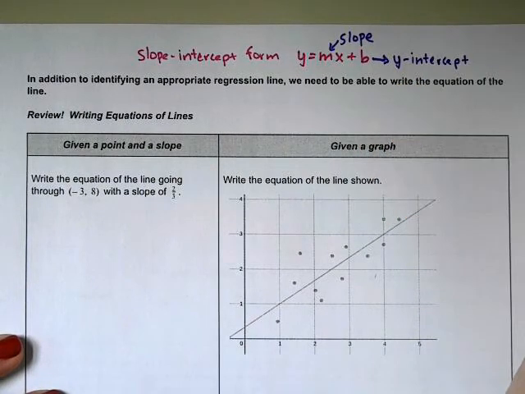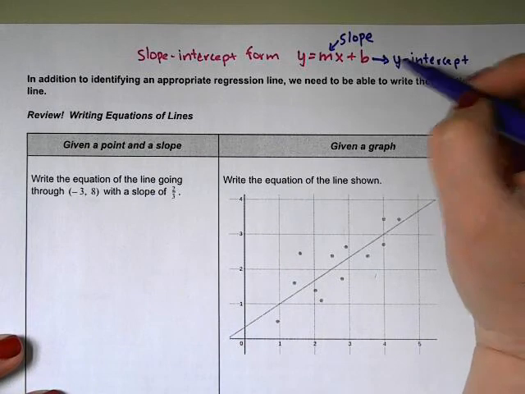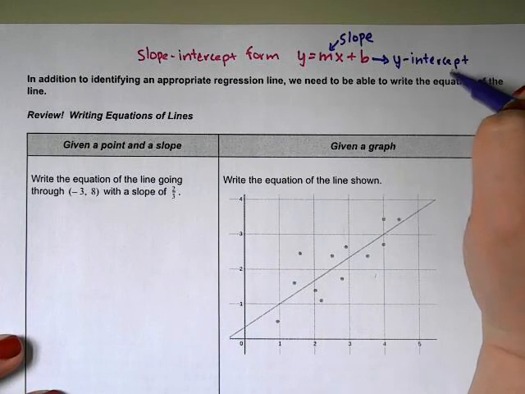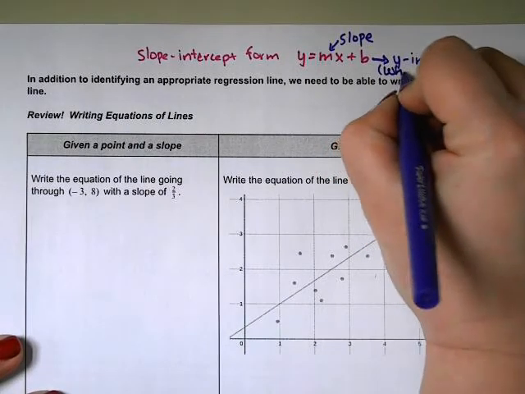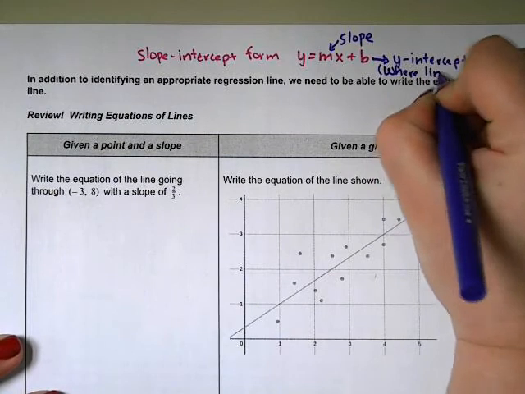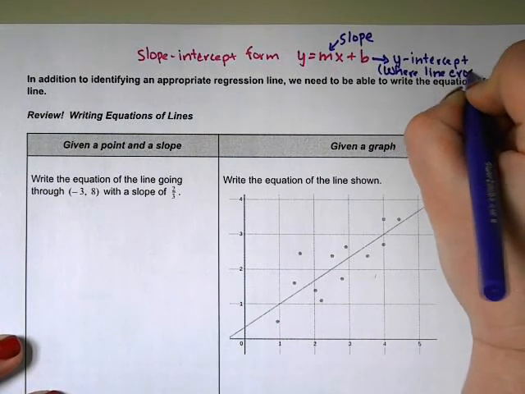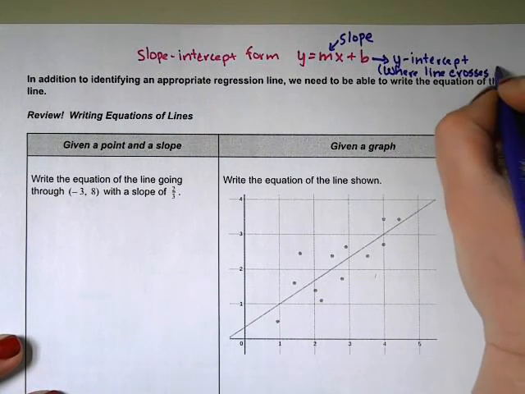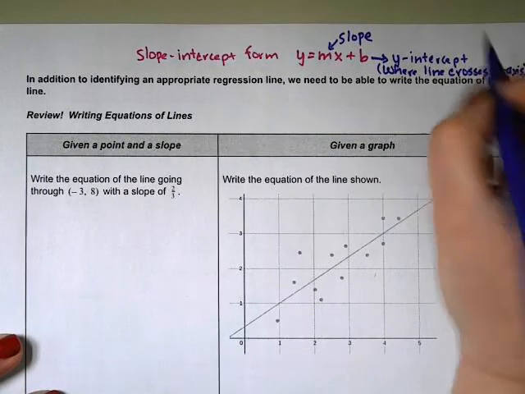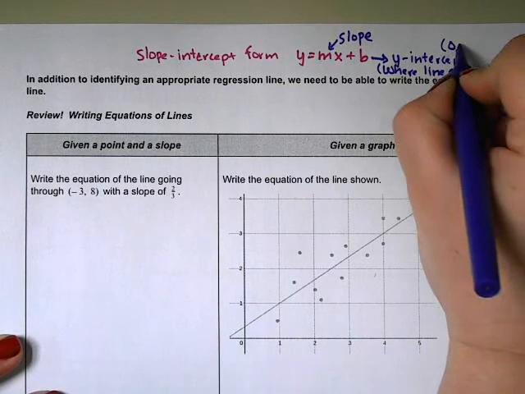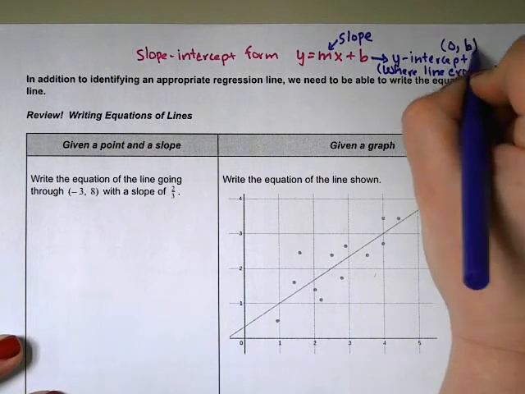And remember, we always can find our y-intercept from a graph by looking to see where the line crosses the y-axis. So it's always a point 0, and then it's our b value.